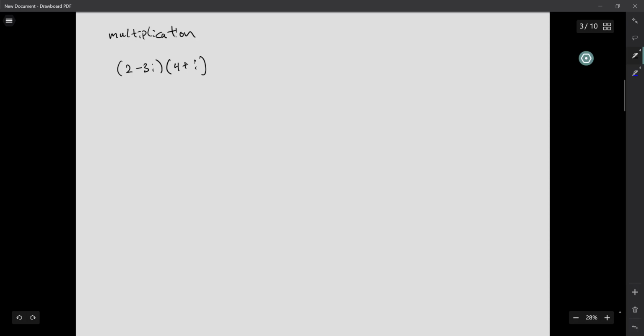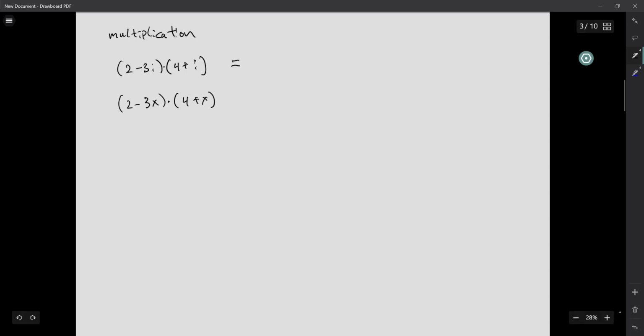That should be good enough. If I want to multiply these two together, then it works exactly the same way as multiplying two polynomials together, because I am using a letter here, so it works just like if I had 2 minus 3x times 4 plus x. With the caveat that right after I do my multiplication step, I'm going to have to do more work to simplify because I know that i is not just a variable, it represents the square root of -1.